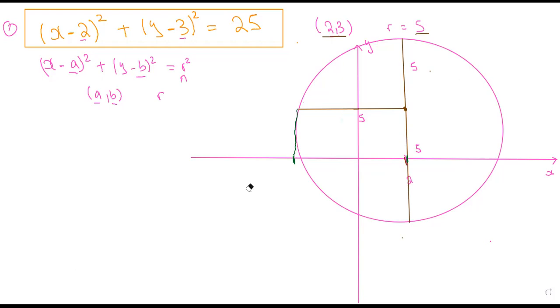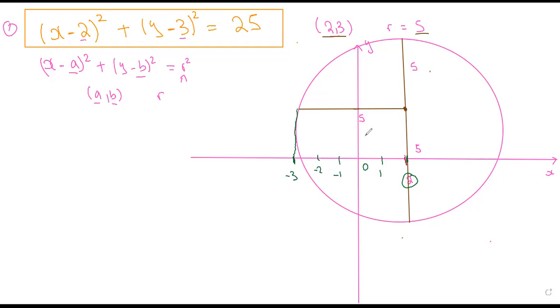What is this number? Is it minus 2 or is it 2? No, it's positive 2. Sorry. When you move 5 units to the negative x-axis, what would be the value of x? 1, 0, -1, -2, and -3, right? So this would be -3 because the radius is 5.